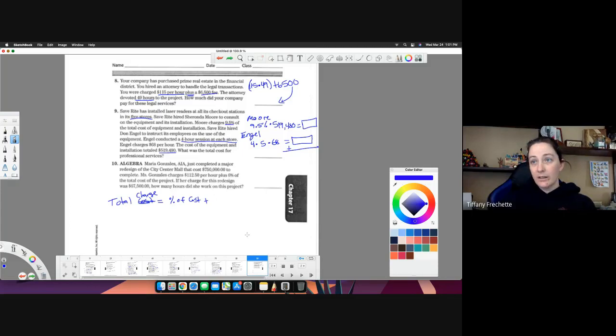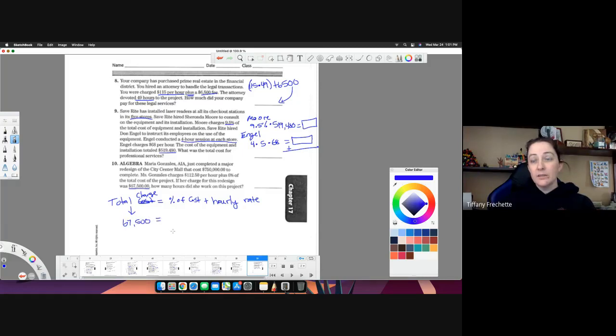So I'll kind of keep it going as I'm writing this out, plus the hourly rate. So she gets both charges here. She's doing both. And it told us this is how much she charged. So I can fill this in.